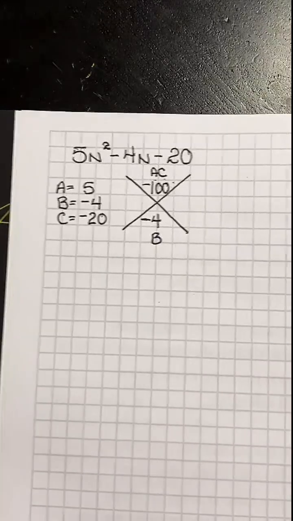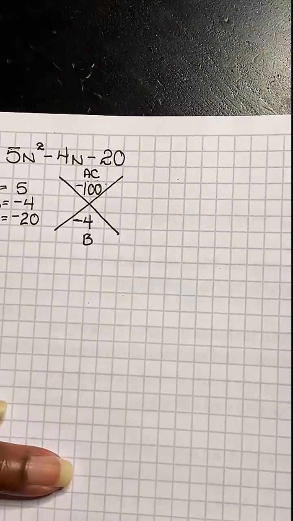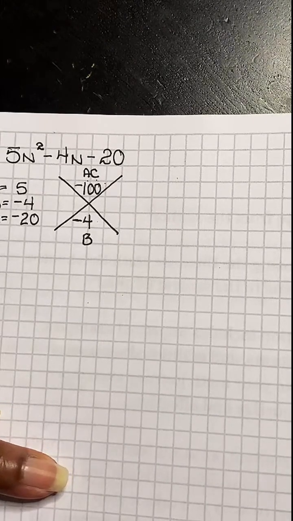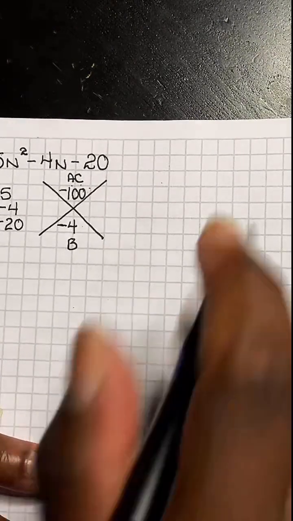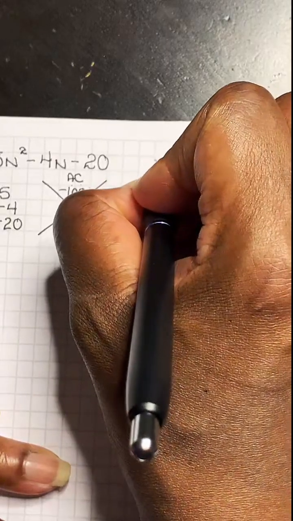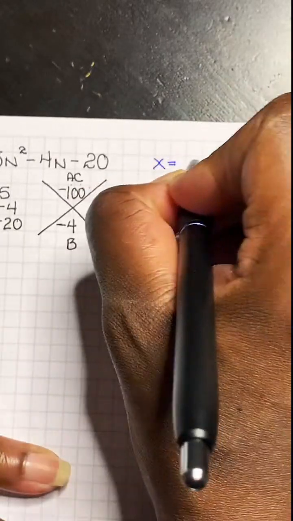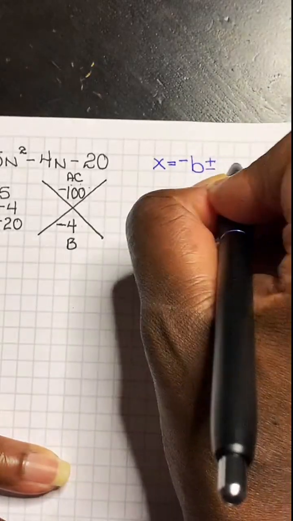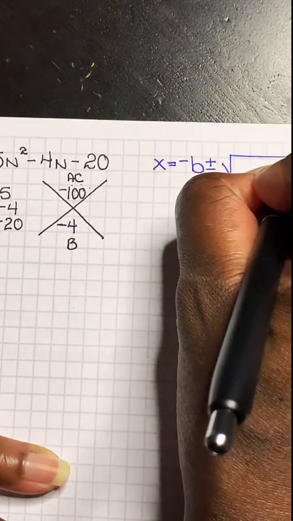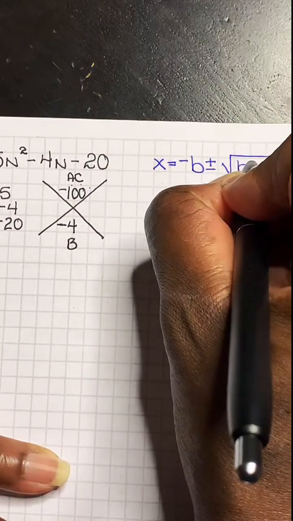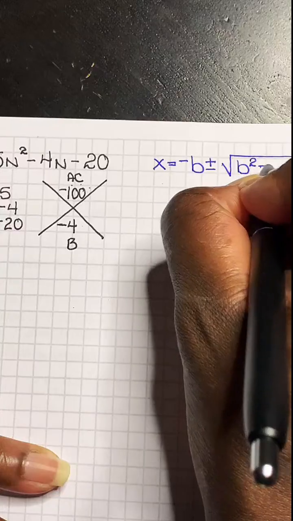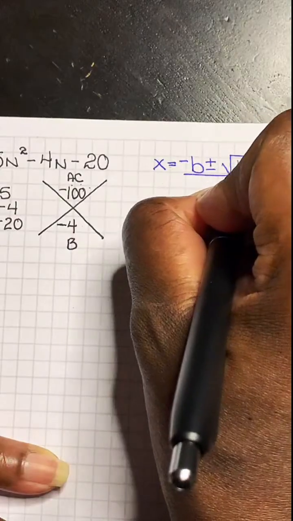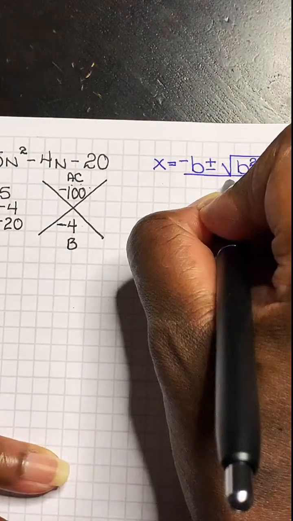Now, for those that are not familiar with the quadratic formula, because this happens, everything is not just going to be handed to us. Our little bits of entitlement needs to be checked once in a while. That's why with math we do these things. So we have our -b plus or minus the square root of b squared minus 4ac over 2a.